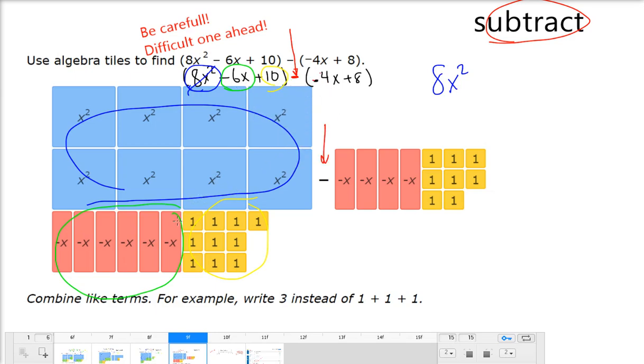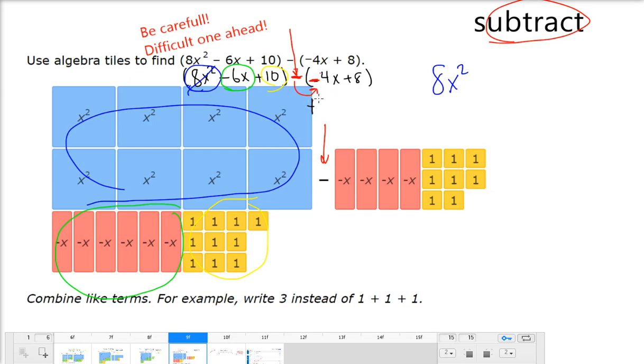All right, so there's negative 6x, and this is the tricky part. We start with negative 4x, but we're going to minus it. That means we're going to do the opposite of negative 4x. So we're going to distribute. What is the opposite of a negative 4x? It's going to be positive 4x.